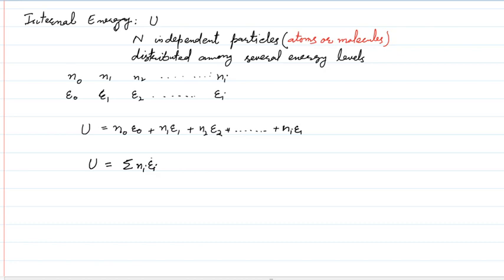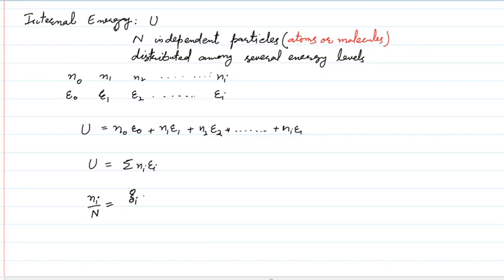But we also know from Boltzmann-Einstein or Maxwell-Boltzmann distribution that the number of particles in the ith state, and N is the total number of particles, is equal to Gi, the degeneracy, into e raised power minus Ei upon kT.